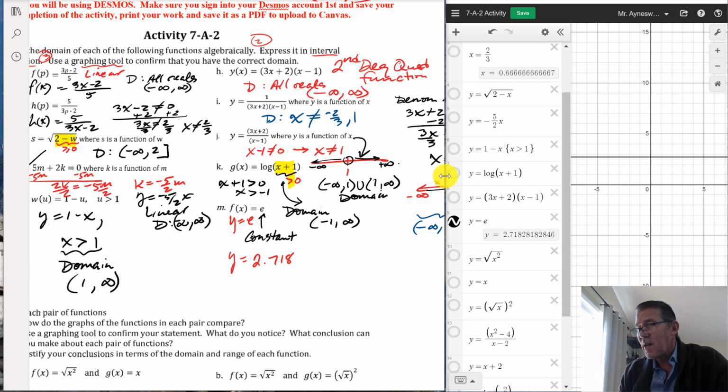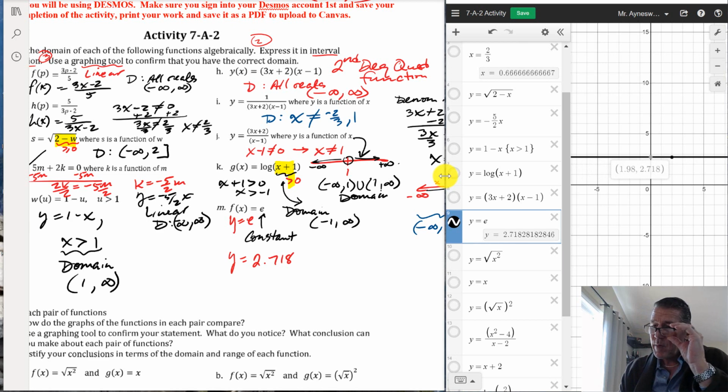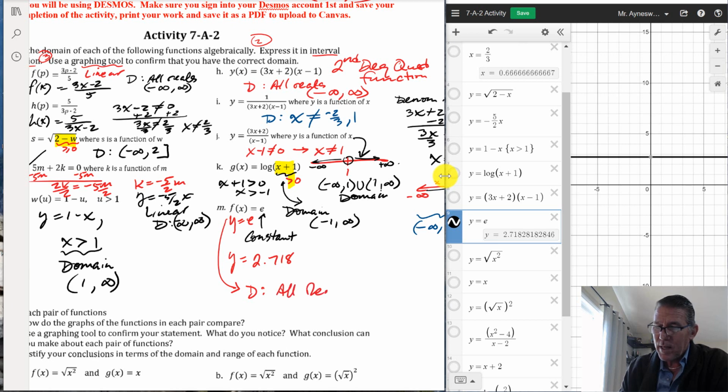Notice that a horizontal line is defined everywhere. Because it's a constant function, it doesn't matter what x is, because x is not even involved, so x can be anything. So in this one the domain is the set of all reals, and that's the case for all constant functions. It's called a constant function because e is a constant. It never changes. It's always 2.718 and so on. So the domain is the set of all reals.